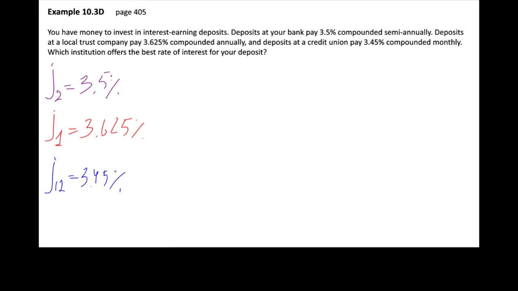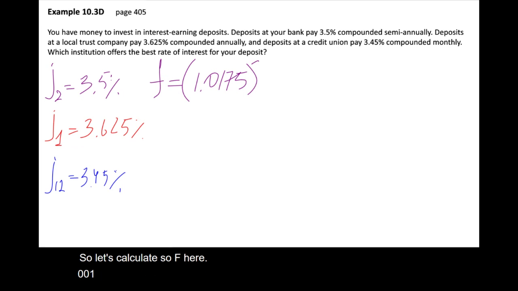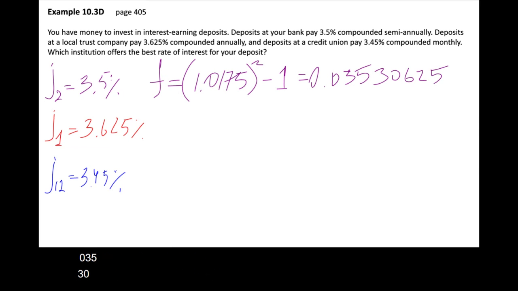Okay, so let's calculate. So F here, 1.0175 exponent 2 minus 1. 0.03530625.